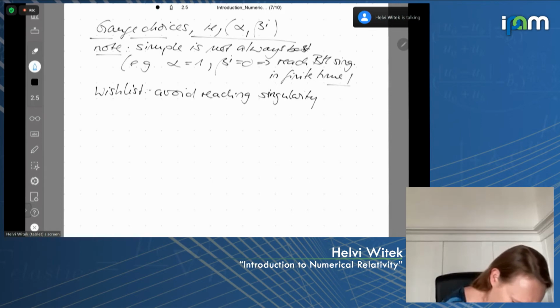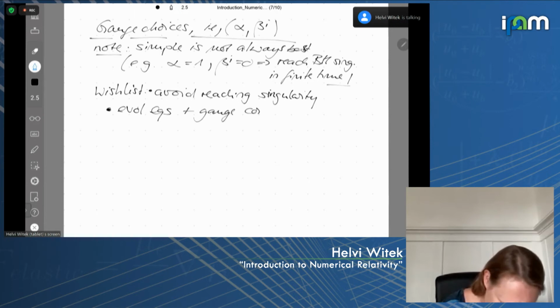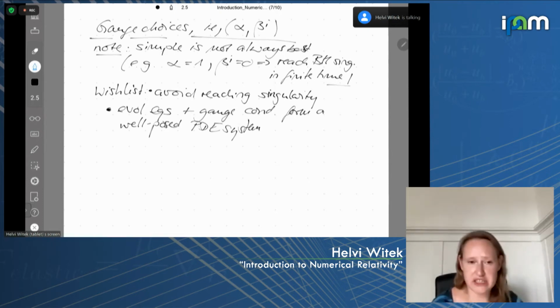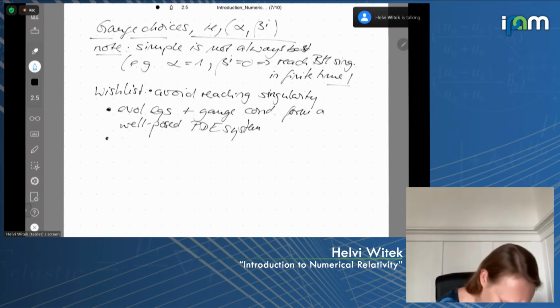The other wish that I would have is that my evolution equations, together with the gauge conditions, form a well-posed system of partial differential equations. And this property, well-posedness, is a necessary condition for numerical stability. So I better have that in my formulation. And then the last one is that I also want this to be easy and straightforward to implement.